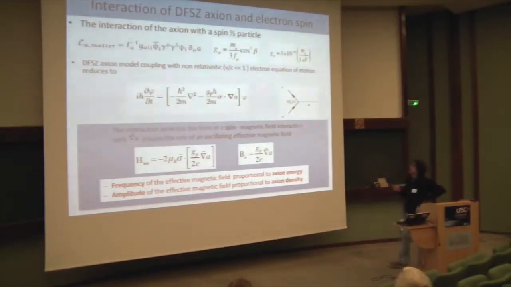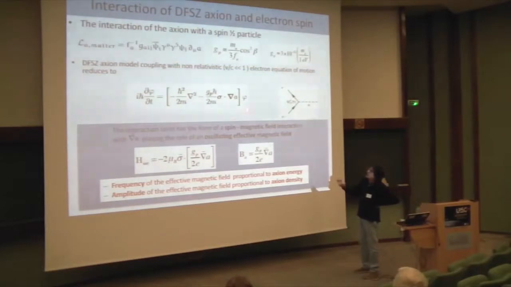If you look at the non-relativistic limit of the electron equation of motion, you can see that you have this term. And you can identify this term as the form of a spin-magnetic field interaction, where the magnetic field you can recast this part over here like this.